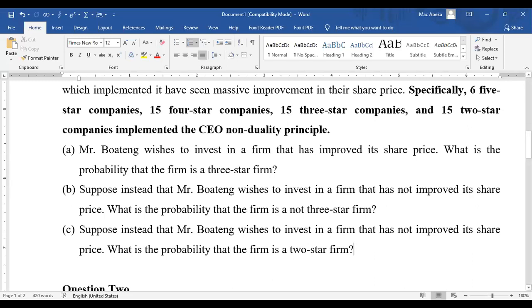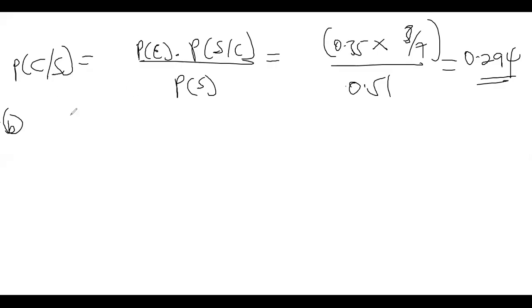Now, if you are looking for a firm that has not improved its share price, so probability of a firm that has not improved its share price. So since probability of S is the probability of a firm that has improved its share price, probability of a firm that has not improved its share price is probability of S bar, okay? I already told you that the bar means not, all right? So this is the probability of the firm that has not improved its share price.